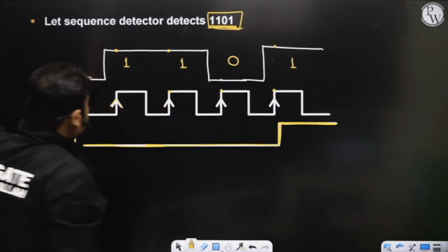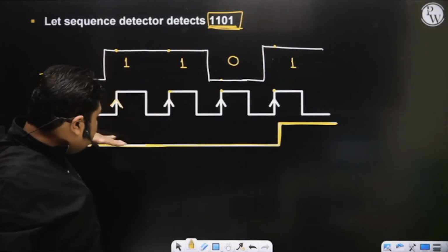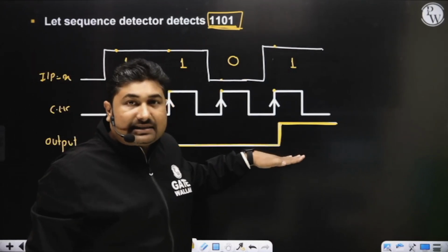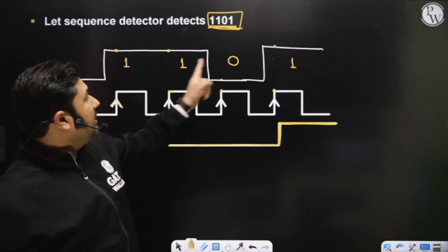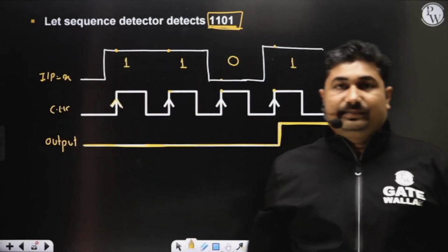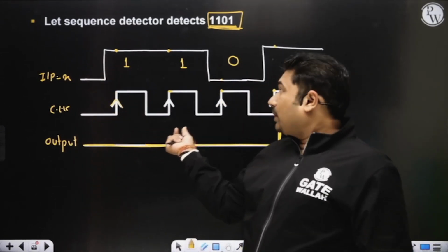Now, if you observe an input X 1101, till the sequence is not detected, output will remain low. As soon as the sequence 1101 is detected, output will become logic 1. This gap I have made in order to show you the propagation delay.